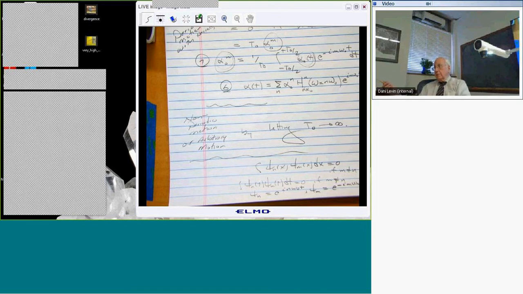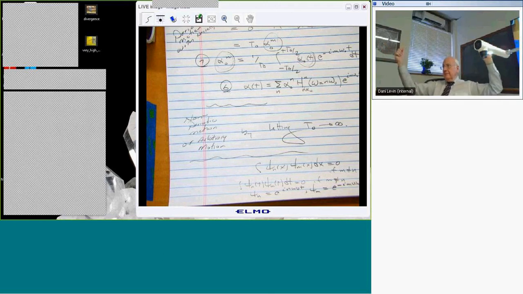And they will be or they will not be, as the case may be. And by the way, orthogonality also depends on the interval. If I integrated not from minus T naught over 2 to plus T naught over 2, but only from 0 to T naught over 2, for example, these things aren't orthogonal over that interval of time. So one, it depends on the functions, and the other, it depends on the interval of interest.